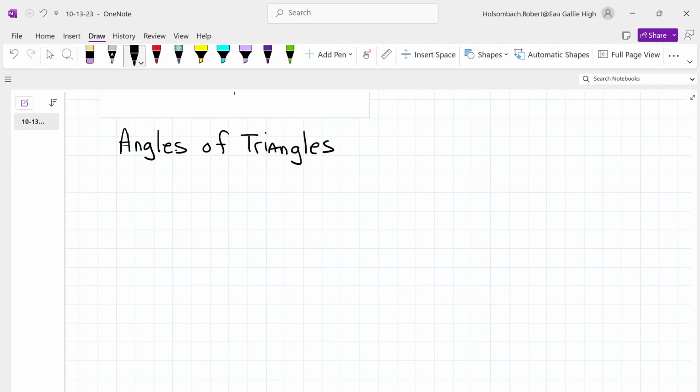So in chapter 4 here, we have the triangle angle sum theorem. Super important.